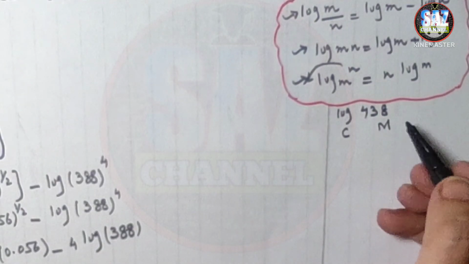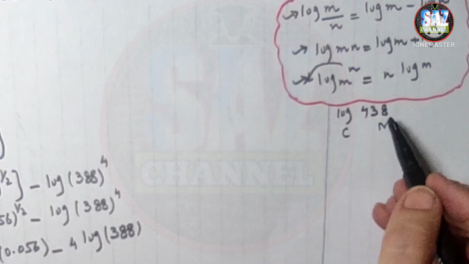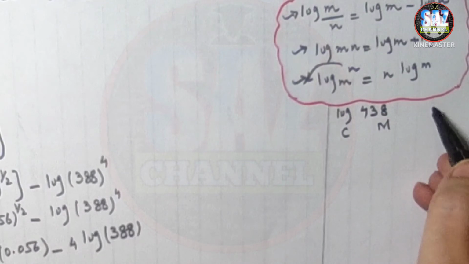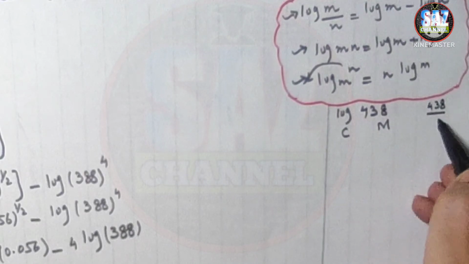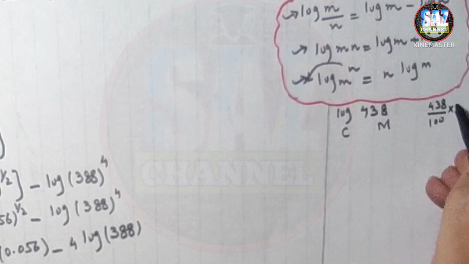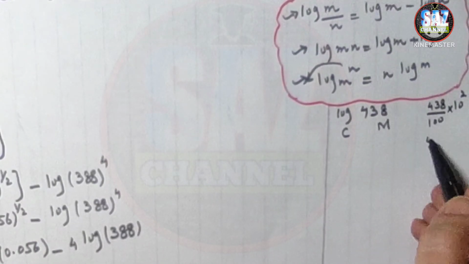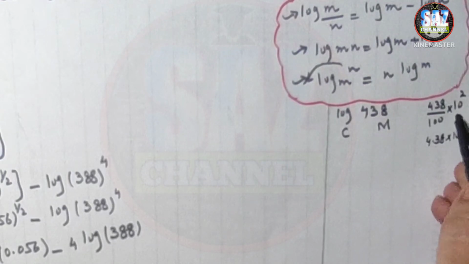So for the characteristic purpose, we have to express this number in scientific notation. And what is the rule for expressing this number in scientific notation? I have to divide and multiply this by 100. This will become 4.38 multiplied by 10 raised to power of 2. So the power of 2 is the characteristic.